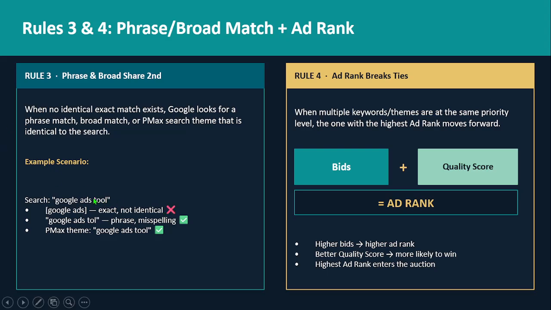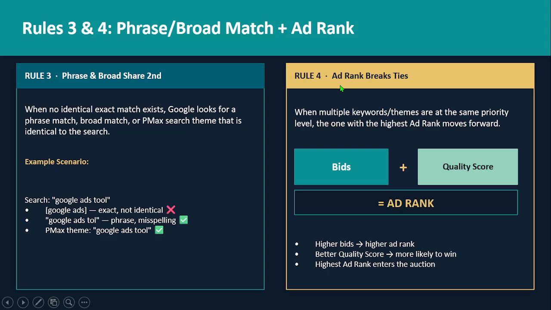Example scenario: the user searches Google Ads tool. An exact match that is not identical, a misspelling, a phrase match, and a PMax theme like Google Ads tool all qualify.